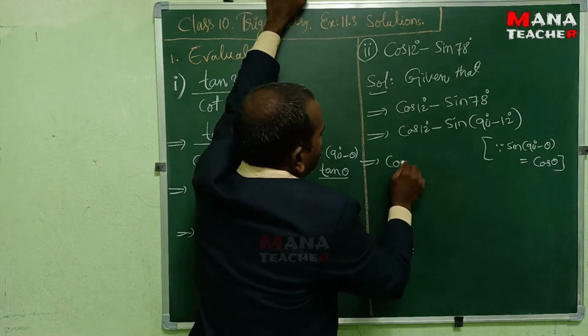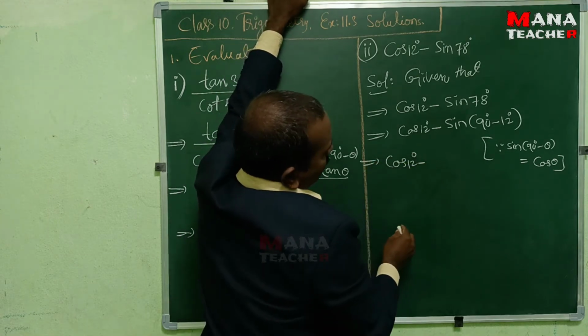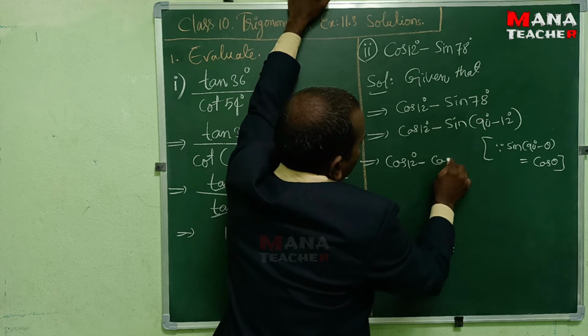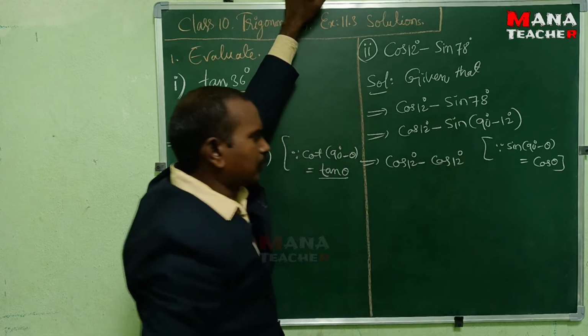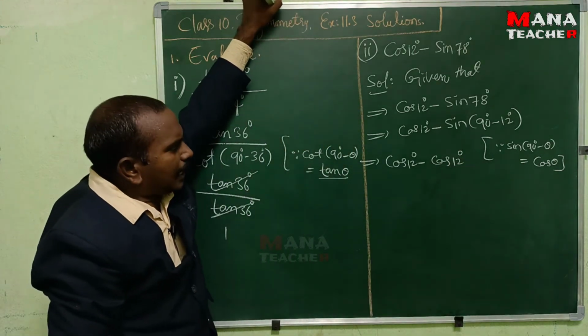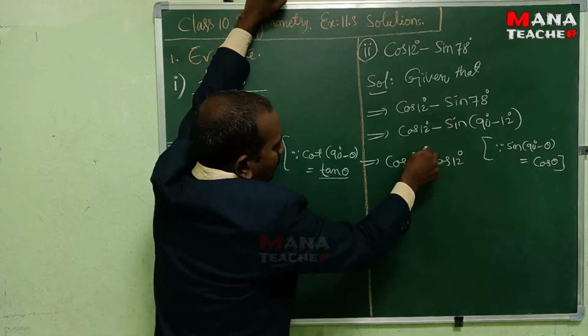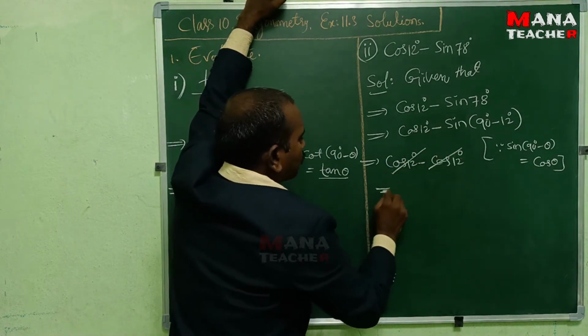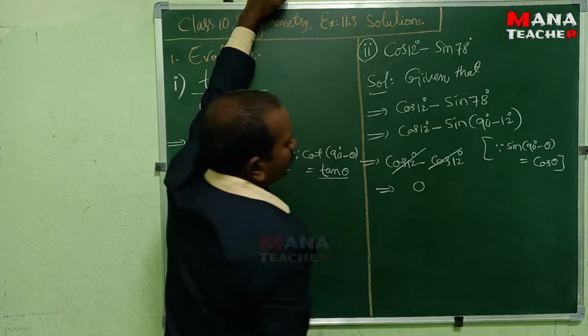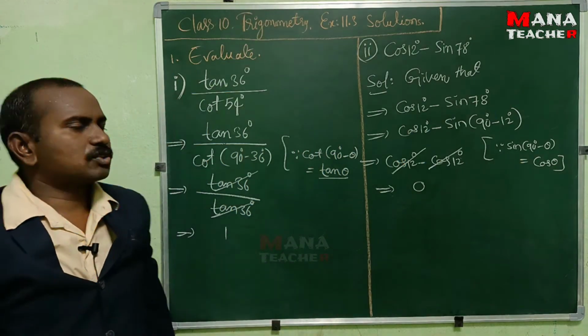Next, cos 12 degrees minus cos 12 degrees will be 0. So that equals 0. This is the second solution.